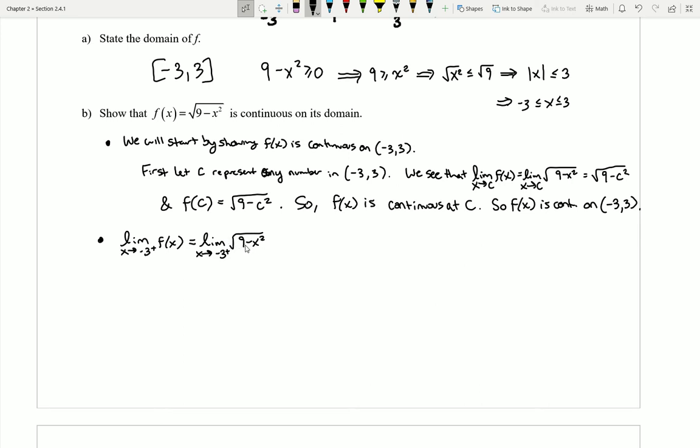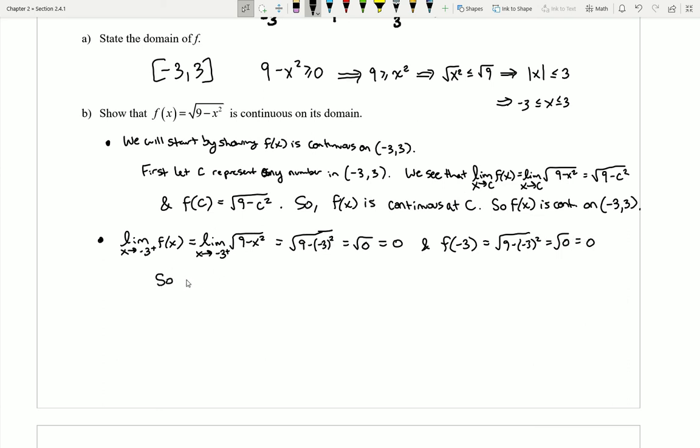The inside's a polynomial, so I can just directly substitute. So this is going to turn into 9 minus -3 squared, which is 9 minus 9, or square root of 0, which is 0. We can also see that if I plug -3 into my function f, I would get the exact same thing: square root of 0, which is 0.